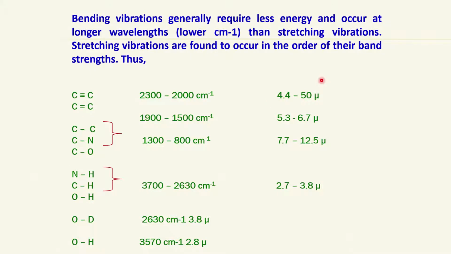So, how do I go about looking for which bending, which rocking, which is twisting, etc., what kind of wavelengths or what kind of transitions can occur. Now, how do I recognize all these things?